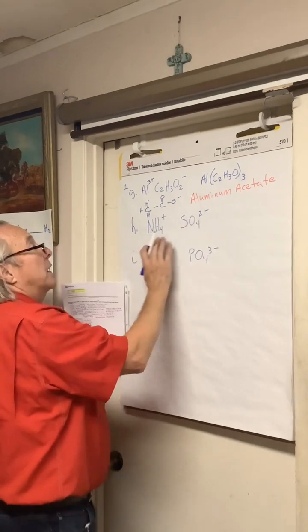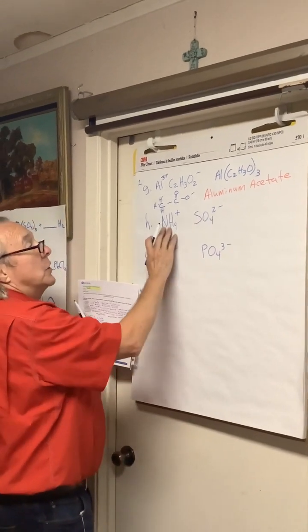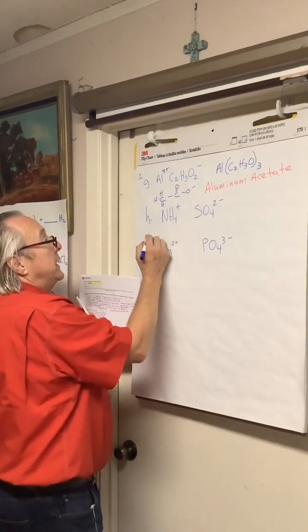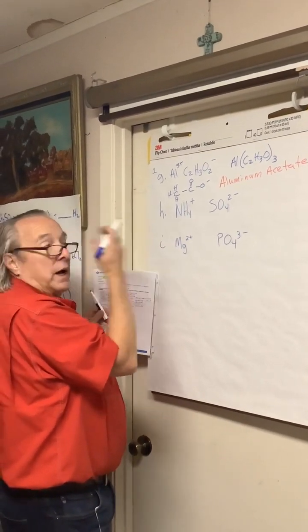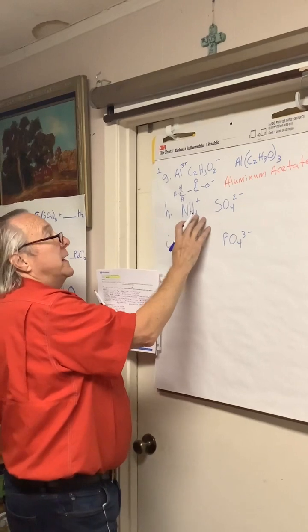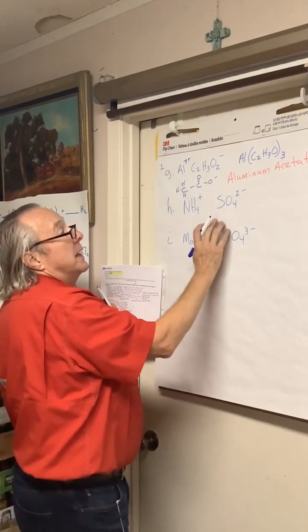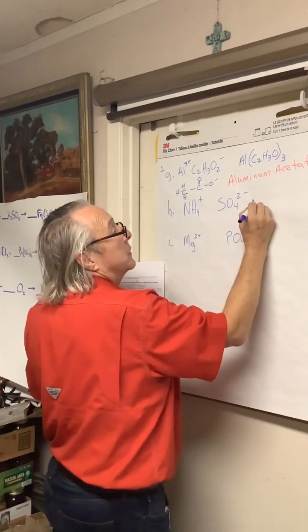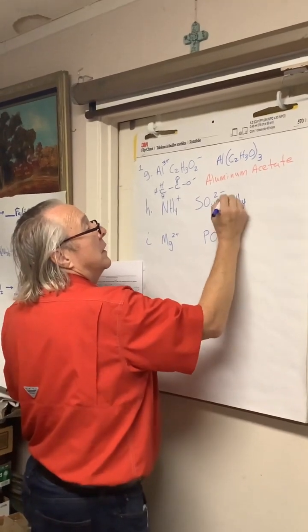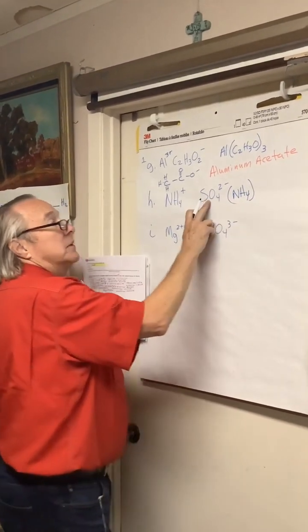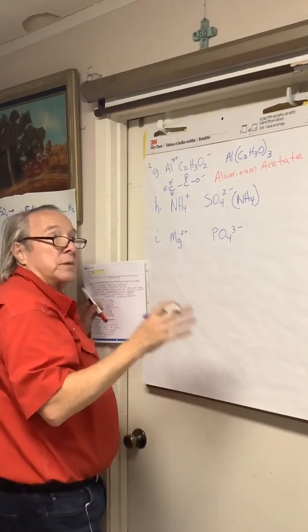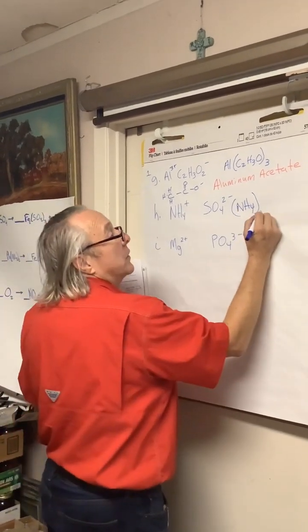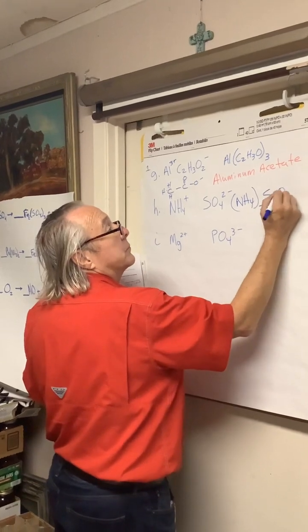The next one, it doesn't have the charges, but I went ahead and put them up. It's two polyatomic ions, a positive one called ammonium. Now, NH3 is ammonia gas, but when you add a plus 1 hydrogen to it, you get NH4 plus 1, and that is ammonium. And sulfate has a 2 minus charge. You can see that on your table of the polyatomic ions. So I need 2 of these per one of these.